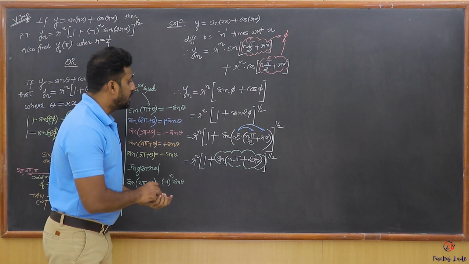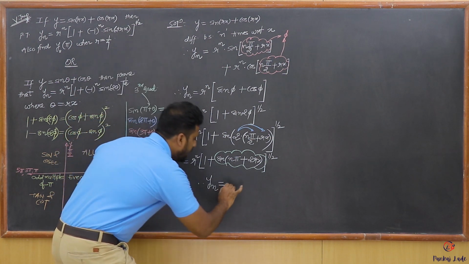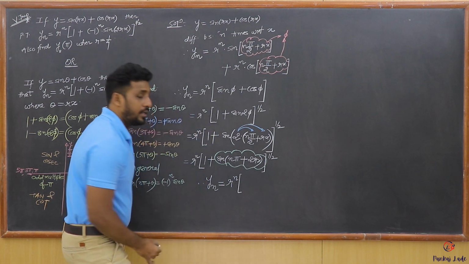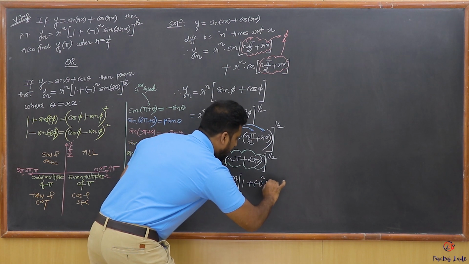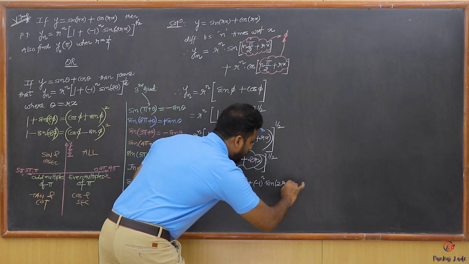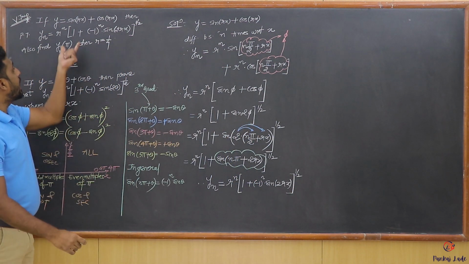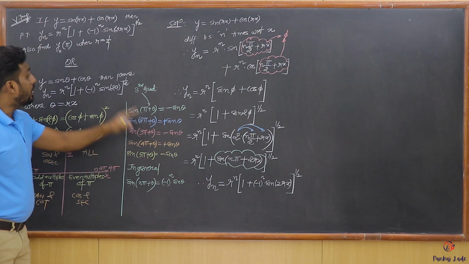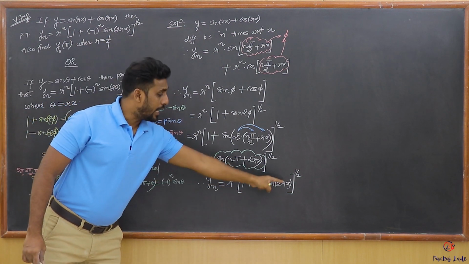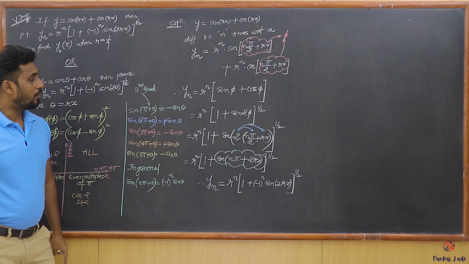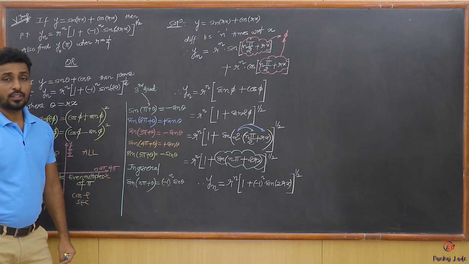That means, students, now can I say, therefore y_n is going to be r raised to n, inside the bracket 1 plus minus 1 raised to n sine of 2rx, the whole raised to 1 by 2. Look at your nth derivative: r raised to n, 1 plus minus 1 raised to n sine 2rx. The same thing you can see over here, and the bracket has a power of 1 by 2. That's y_n, isn't it? So I've got y equal to sine rx plus cos rx.